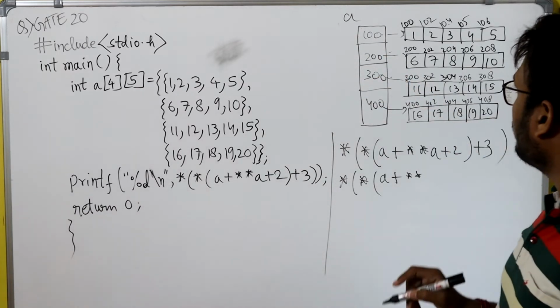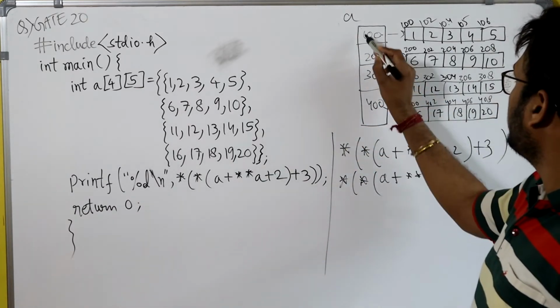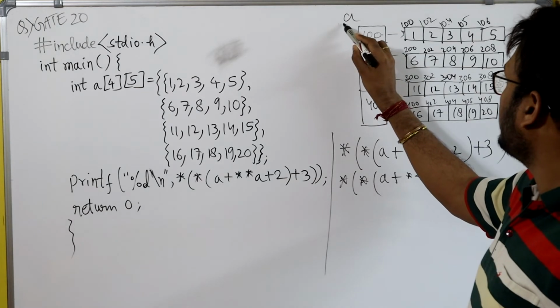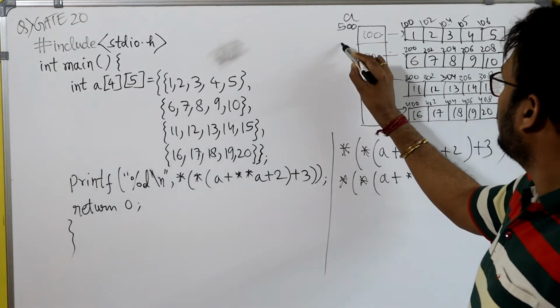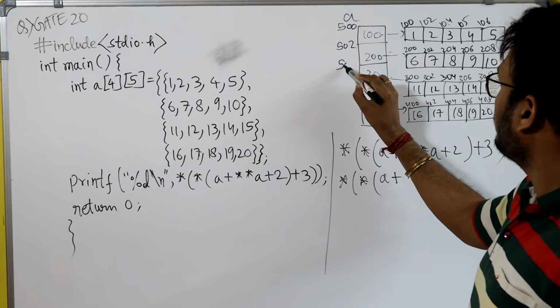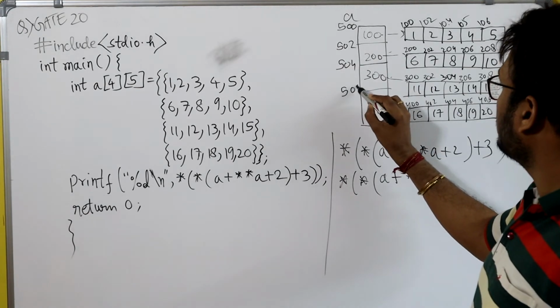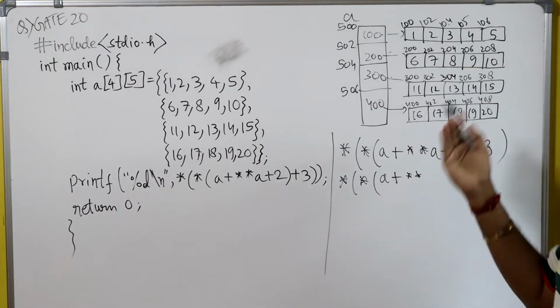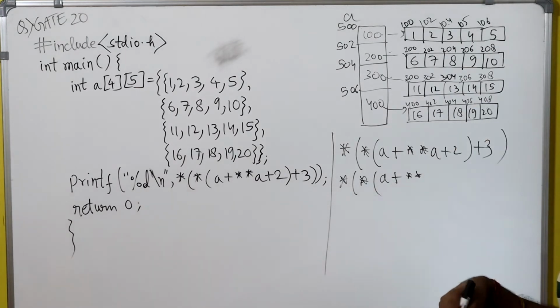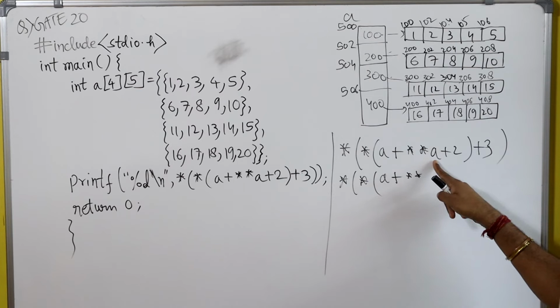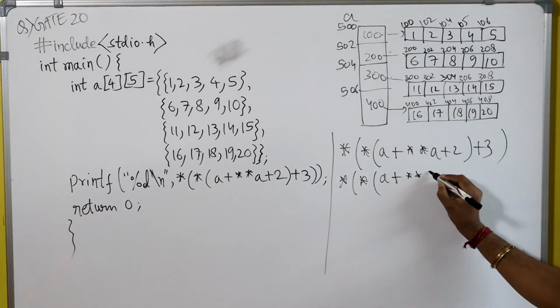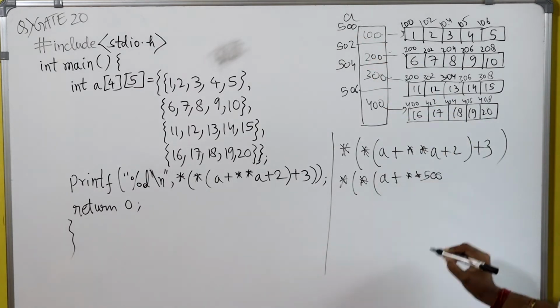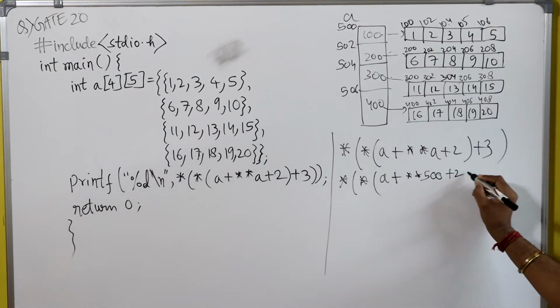I have not given the value of A, so let's write the base address: 500, then 502, 504, 506. In place of A, we will write the base address of A, which is 500. Then plus 2.